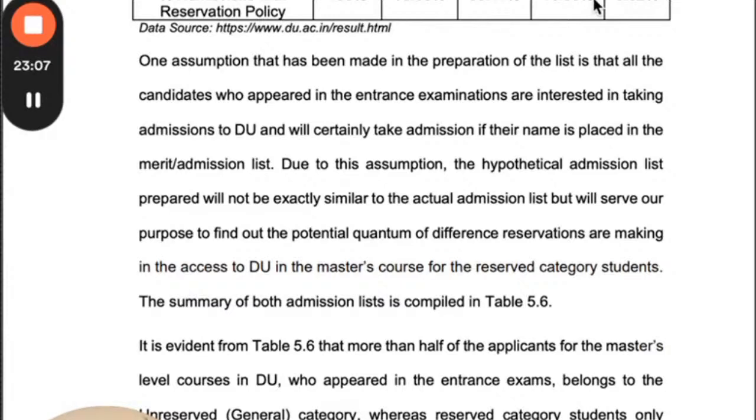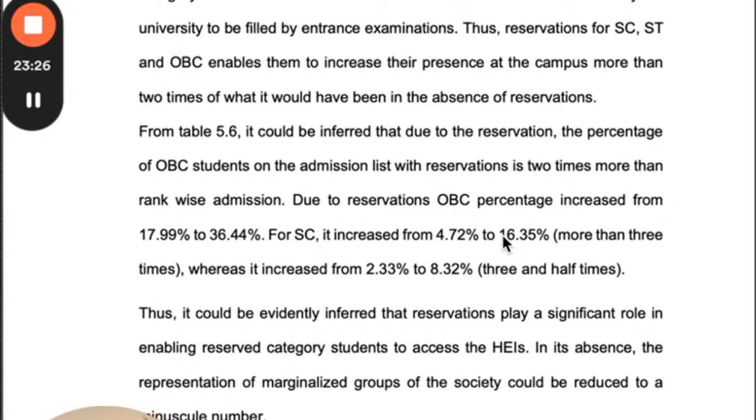More people are coming to the campus. So if there was no reservation policy, this would have been avoided. Now STs, 3.5 times, that is, it has increased from 2.33 to 8.32. So now this is where we are coming, that why reservation is very important, and why reservation even today is so much important.